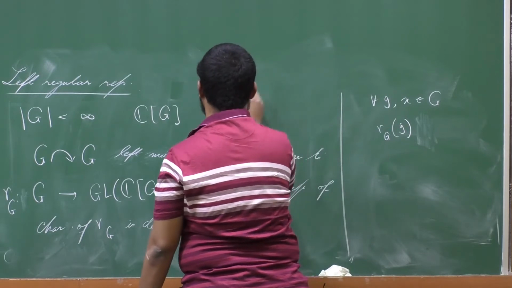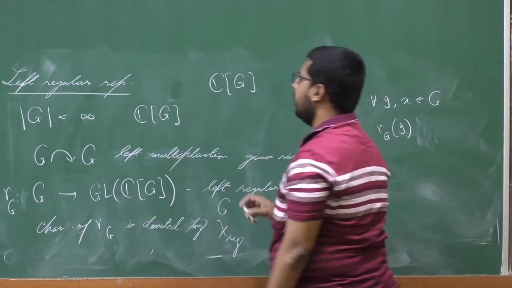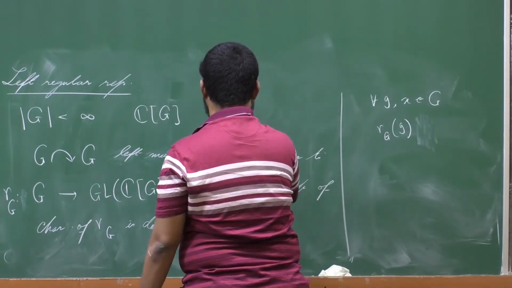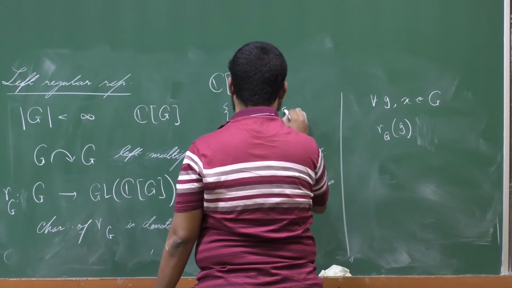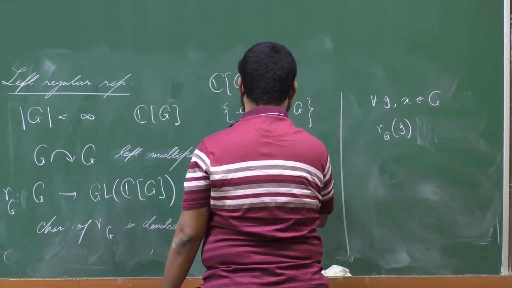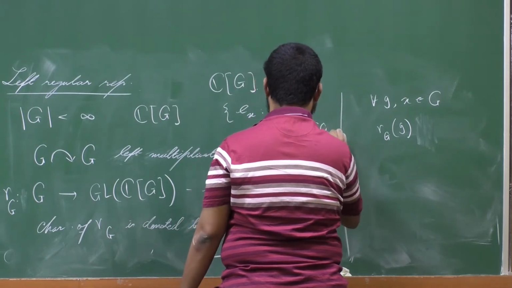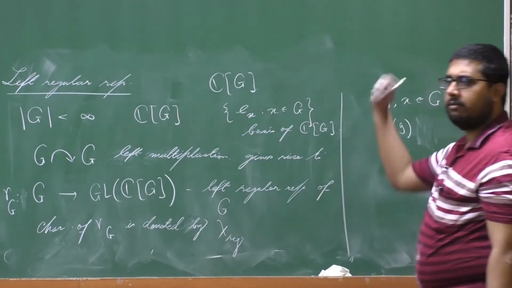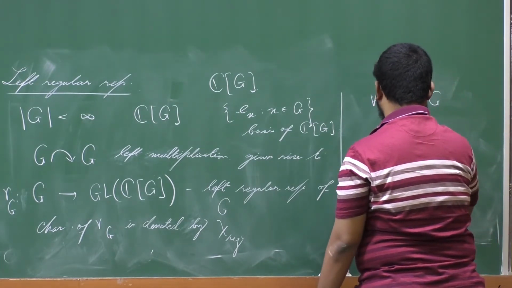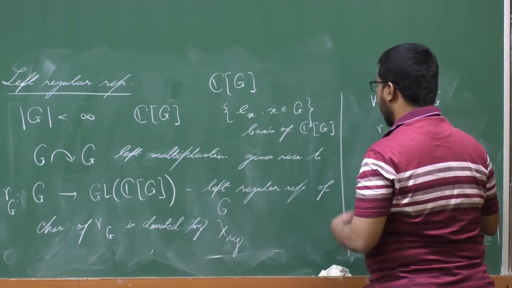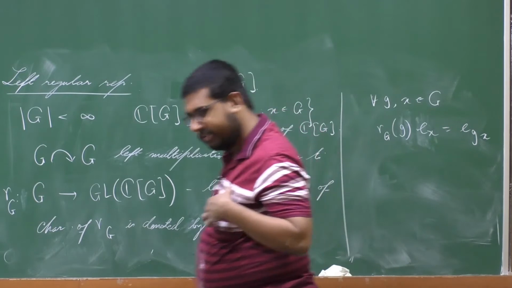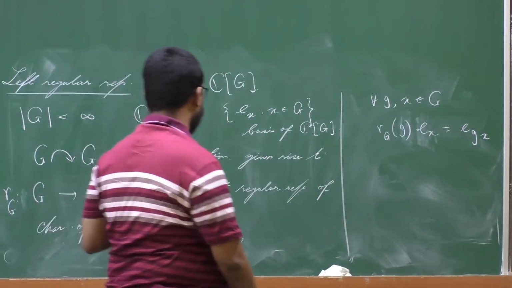Remember that CG is a finite dimensional vector space. A basis of CG is precisely the collection e_x, for x in G. We have done it more generally in the case of any set. So, R_G(g) applied to e_x gives e_gx. Okay, that is what we have already seen.